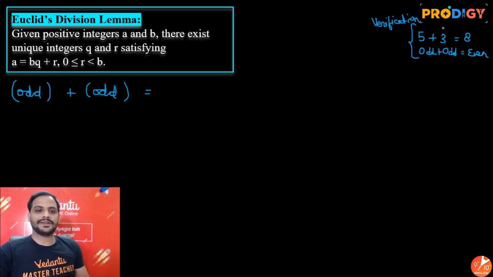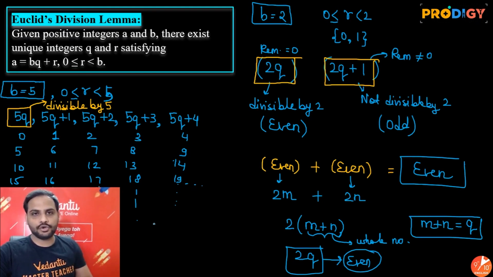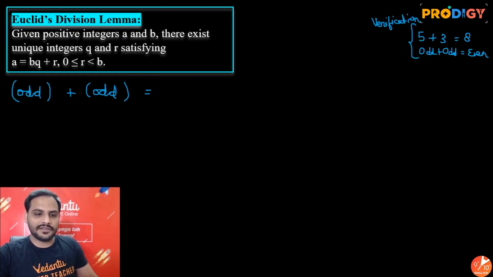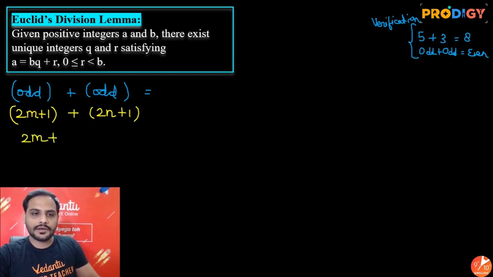Ab dekho beta, remember odd number can be written as 2q plus 1. So one odd number I will write as 2m plus 1 and another odd number I will write as 2n plus 1. Alright. If I add these two, I have got 2m plus 2n plus 2. Take 2 common from all the parts.